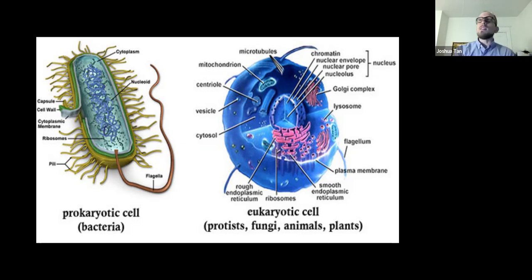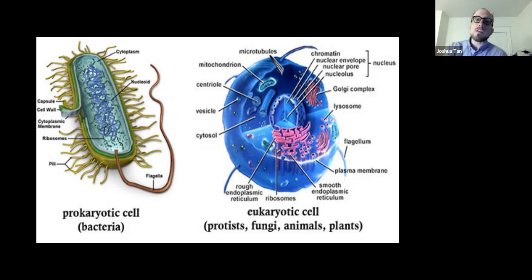Almost all of the things that we recognize today as being alive, all of the multicellular organisms that are on our planet, anything that has more than one cell, has cells that are of this form, eukaryotic. They have different parts to the cell. There are parts of the cell called the nucleus, where the nuclear material is kept.